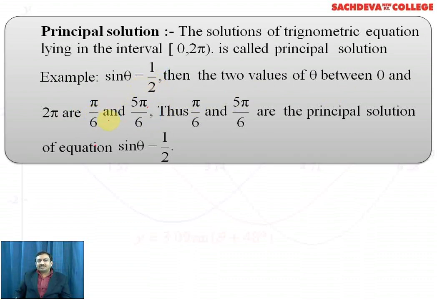In the second, if theta is equal to 5 pi by 6, then sin 5 pi by 6 is 1 by 2 also. It means pi by 6 and 5 pi by 6 are the principal solutions of the equation sin theta is equal to 1 by 2.